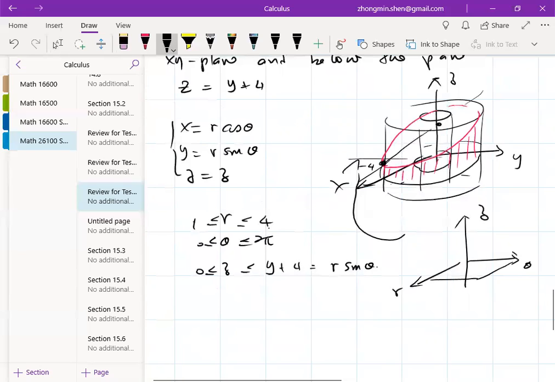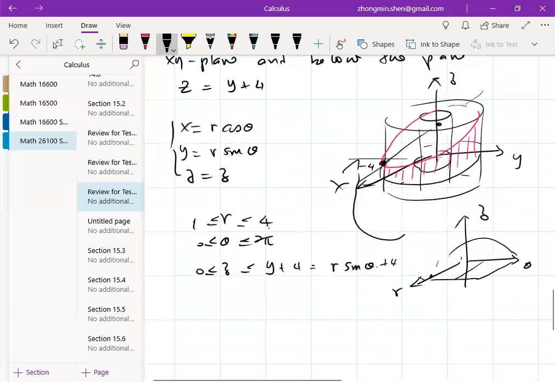When theta equals 0, sine theta is 0. I think the picture looks like that. It's harder to draw. Anyway, this is some surface above this domain.